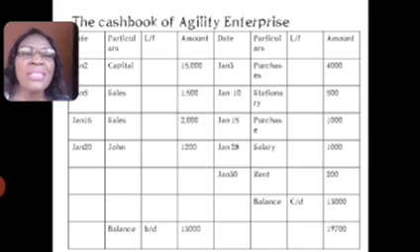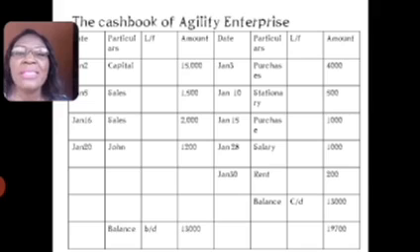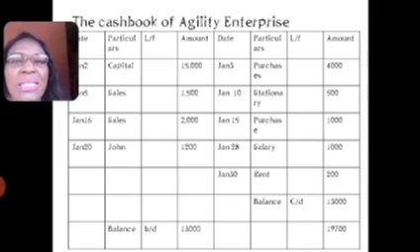So the 13,000 naira becomes your balance carried down at the credit side. When you add it, the two sides will now balance, with 19,700 at the debit side and 19,700 at the credit side. You now write your balance brought down, which is the money that will be carried over to the next month's business, which is 13,000 naira.